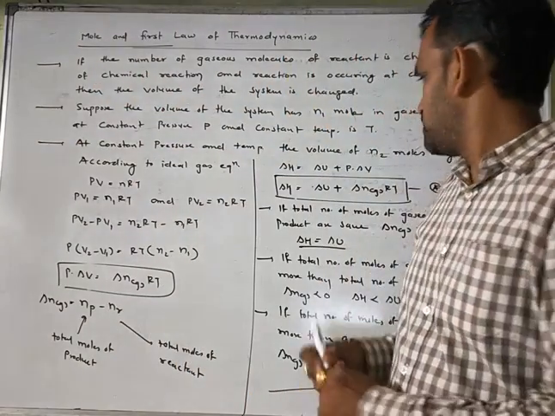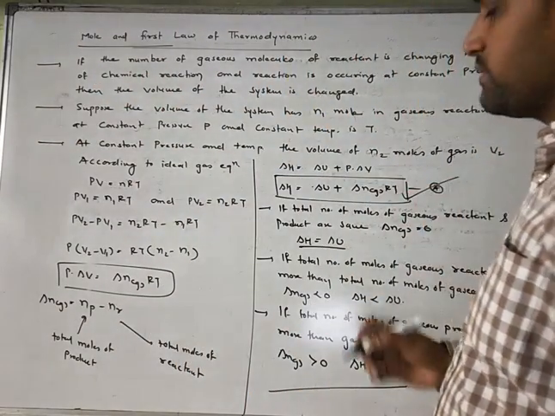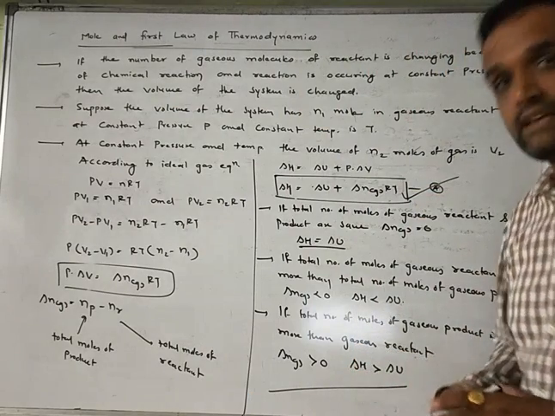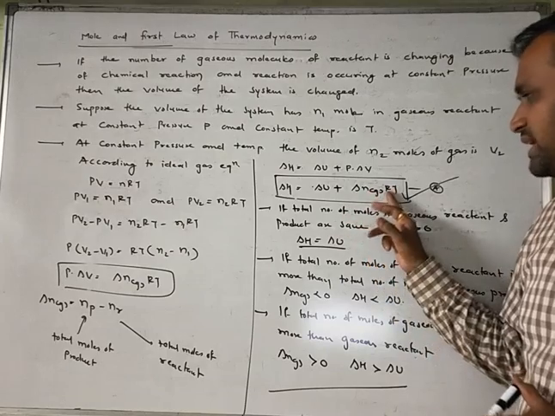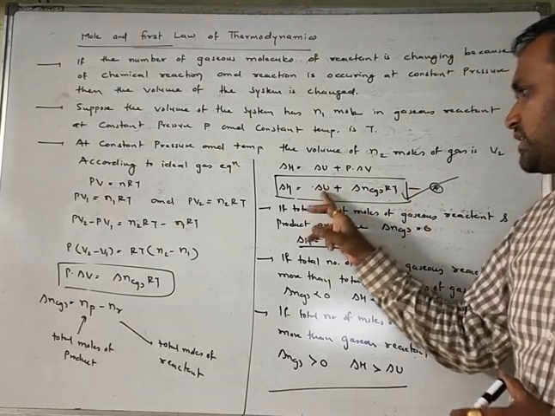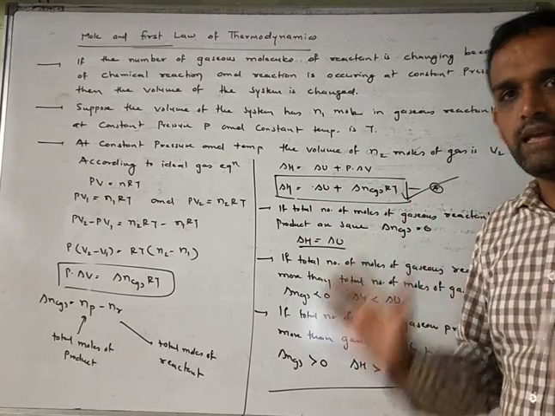With the help of this equation, you have to solve the examples that are given. In any chemical reaction, you have to find out the moles. R is the gas constant, T is the temperature, and delta U is the internal energy.